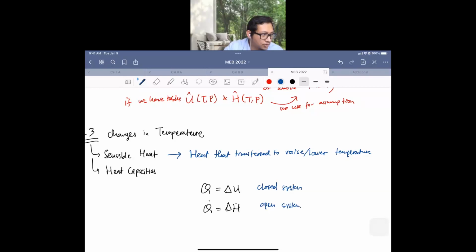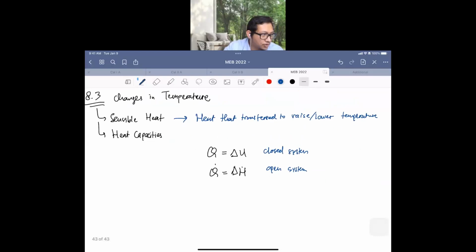We ignore the kinetic, potential, and work terms because they are insignificant. So to determine the sensible heat for a heating or cooling process, we need to be able to determine the delta U or the delta H for the specified temperature change.